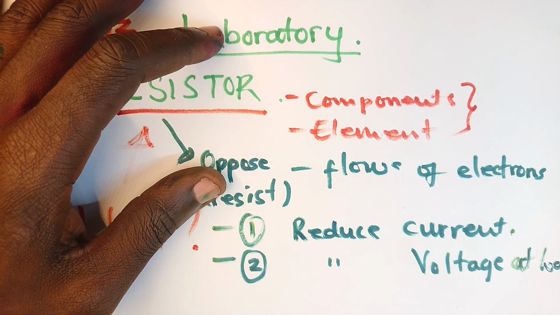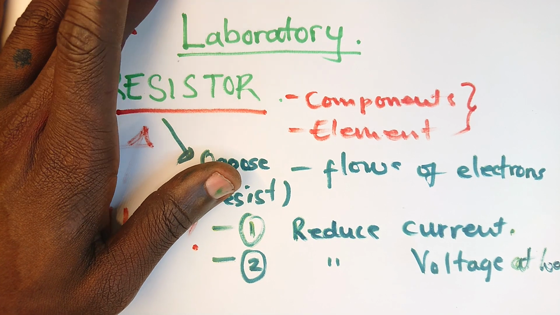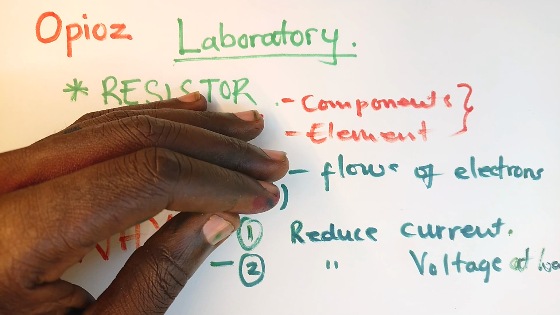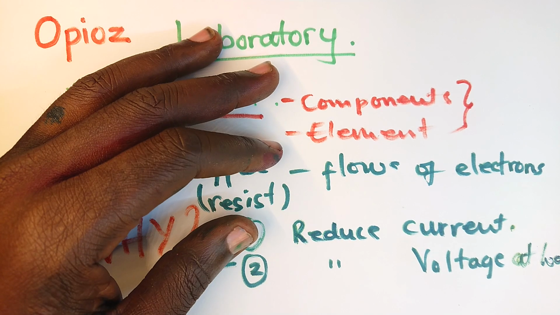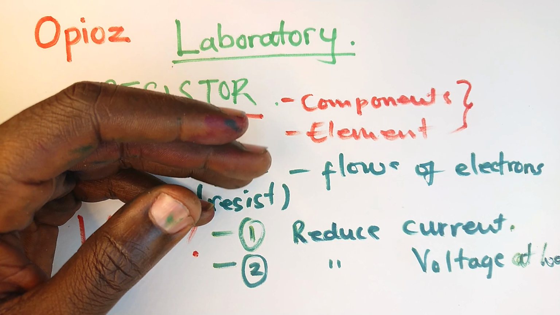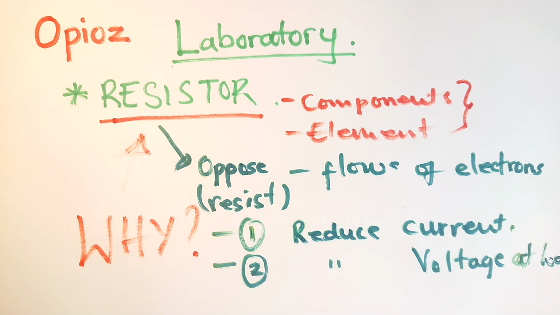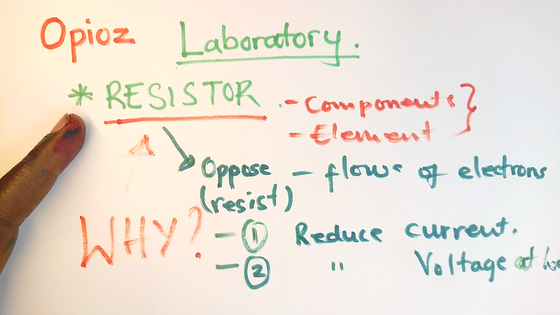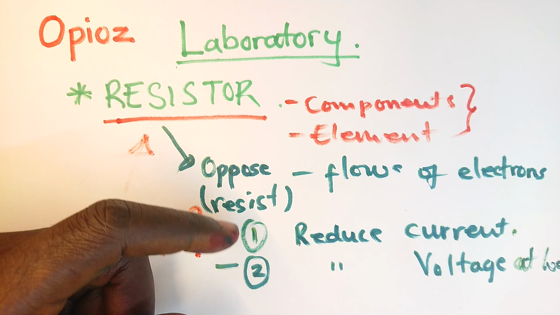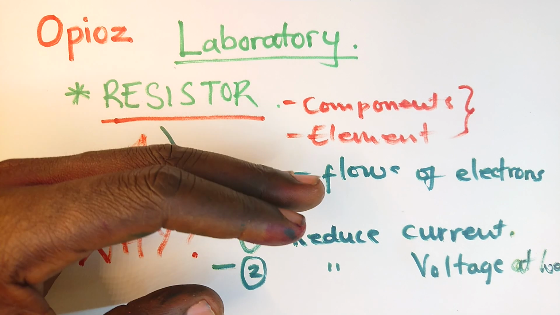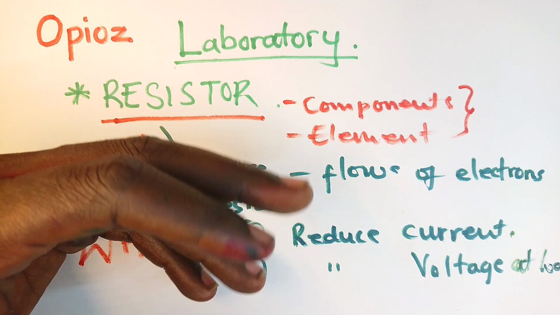And like we calculated at some point, you can also calculate the amount of current that is flowing when you introduce a resistor, either in series or in parallel. Anyway, we shall look at that in subsequent videos, but in the next video I think I'll carry a few resistors just to show you towards the end of the video, so that you know how a resistor as a component looks like in real life.